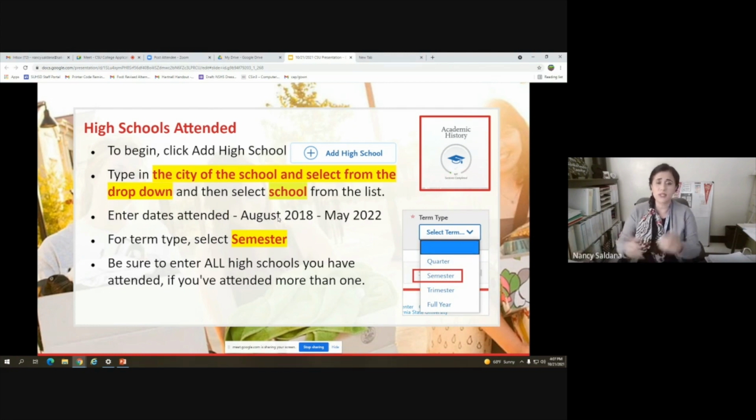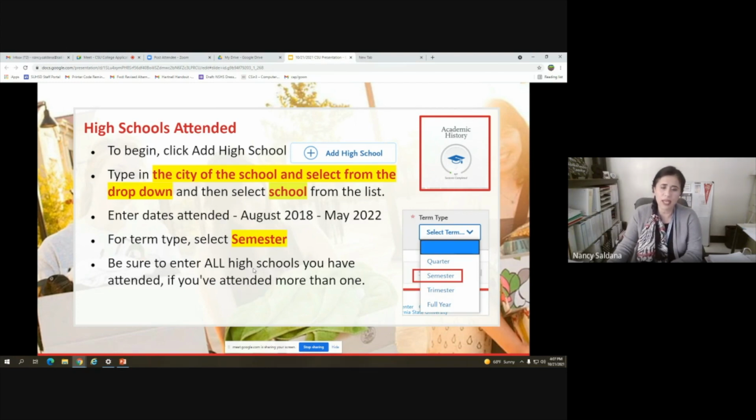So if North Salinas High School is the only school that you've attended, then you're going to indicate that you started August 2018, and the plan would be that you would end May 2022. It's also going to ask you the term type. The majority of all of the schools in Salinas follow a semester type. So you would include semester here.